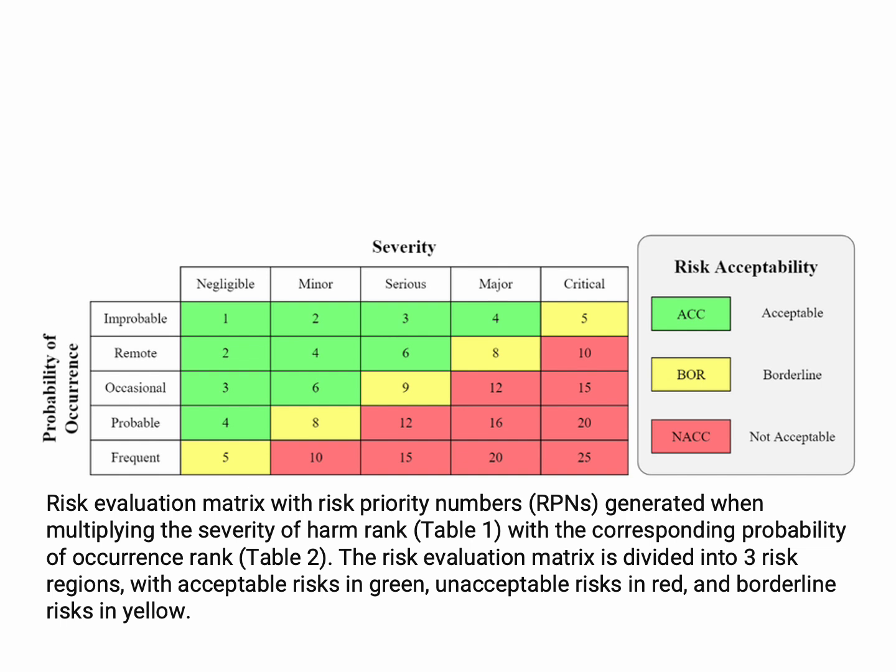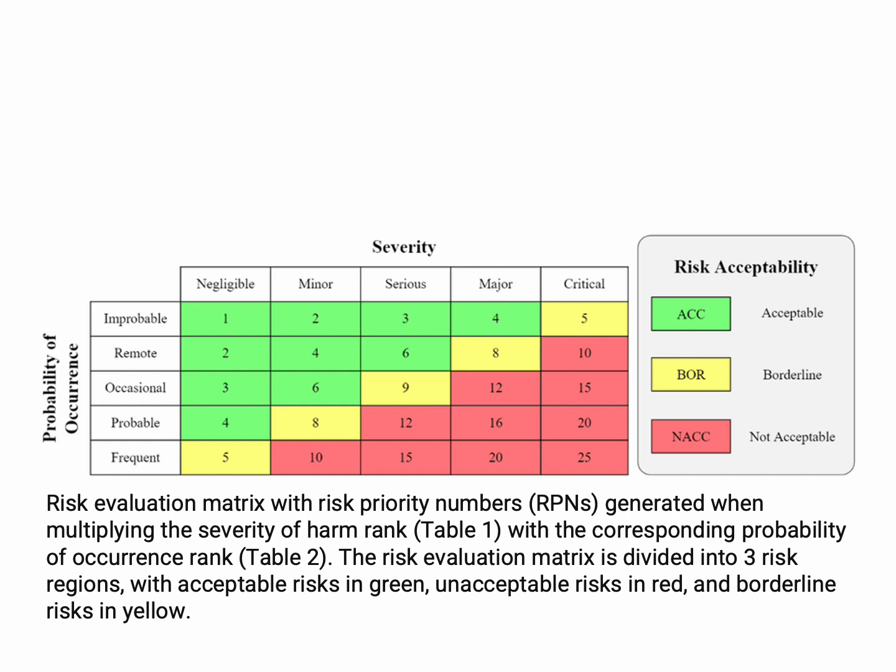Now we may also establish, for example, if we are looking at a row occasional and looking at the severity minor, still we assign this number 7, 6, and we are going to say that it's an acceptable one.